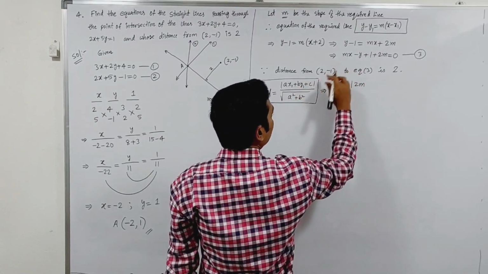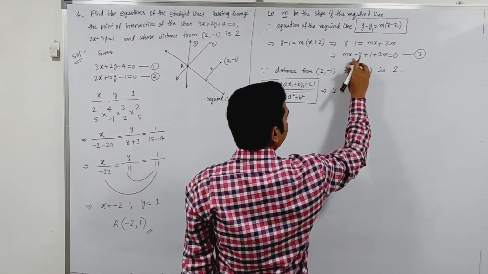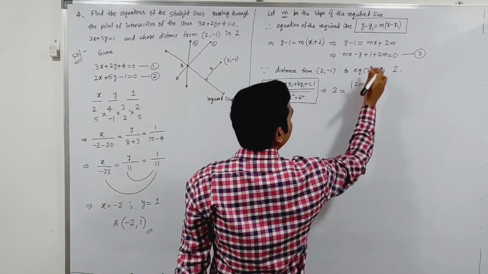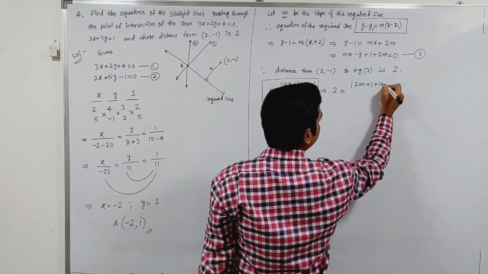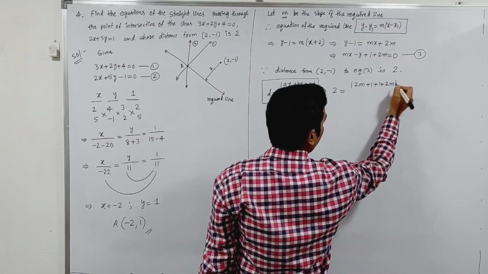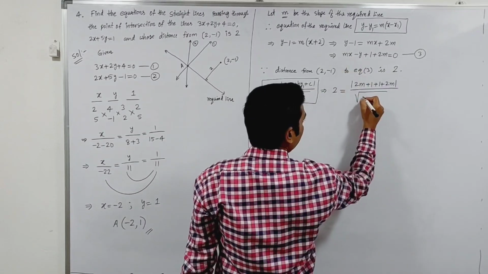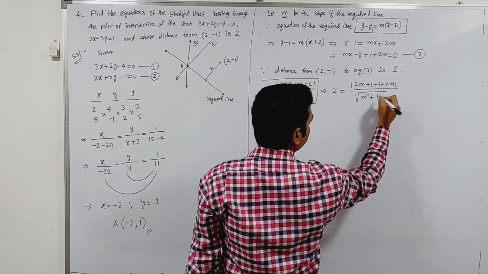Plus b into y1, b is minus 1, y1 is minus 1, minus 1 into minus 1 is plus 1. Plus c, the constant term, is 1 plus 2m, divided by under root of m square plus minus 1 whole square, that is plus 1.